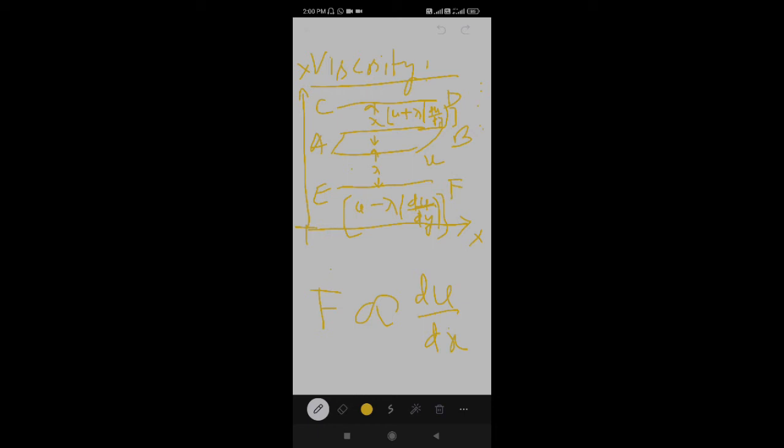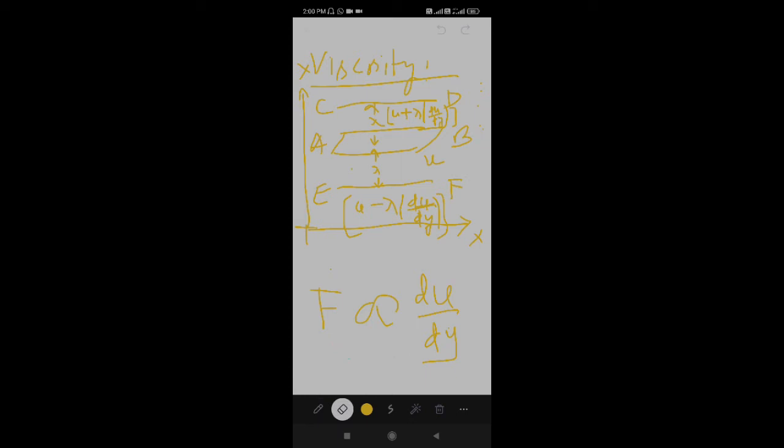What is the difference between the velocities of molecules in the CD layer and the EF layer? Here we should write this as y, because velocity is changing in the y direction, right? If this change is large, there is a large velocity difference between the molecules of the CD layer and the EF layer, which is going to cause a large force on the intermediate layer. So F, the force acting on the AB layer, is proportional to du by dy.